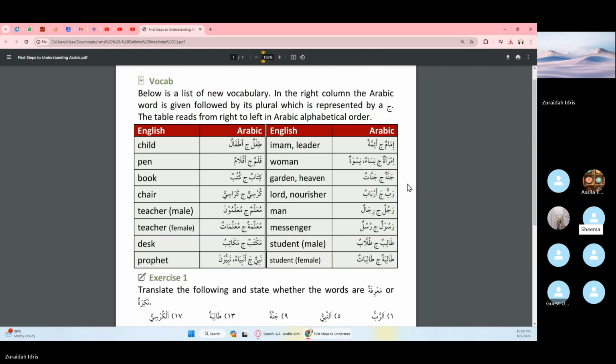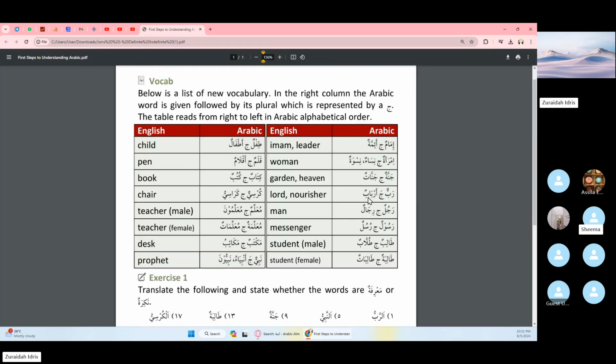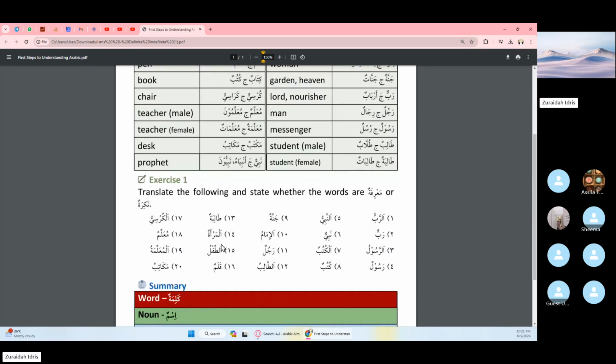Imra'atun is the singular for ladies, and we know that the plural for ladies is not the same root letters. It's totally different. It's nisa'un or niswatun, jama. But the question was, this is mar'ah, not al-imra'atun. Yeah, so that was the question.